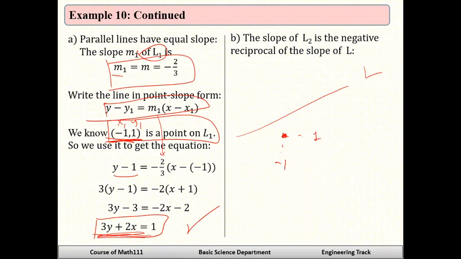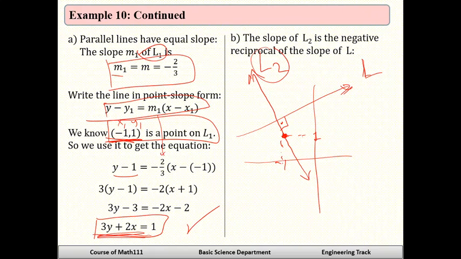And it says this time there's a line passing through this point, but it's perpendicular to L. We call it L2. It's perpendicular to L and passing through this point here. So how can you find it?